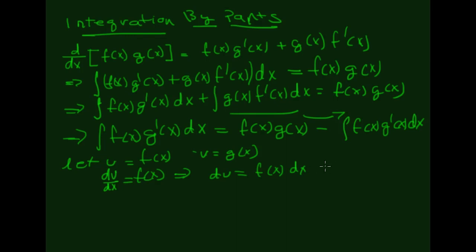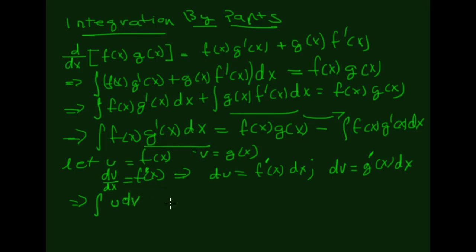And likewise, dv is g prime of x dx. You can follow the same logic there. So let's do some simplifying here, right? Sorry, this should be f prime and g prime. There we go. So this means that this integral is going to change to u times dv, because dv is g prime of x dx.